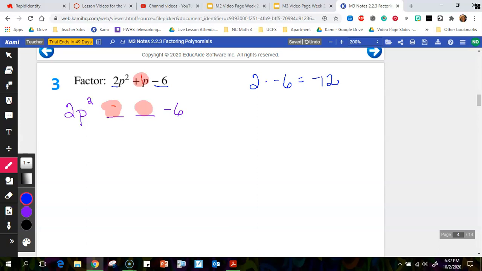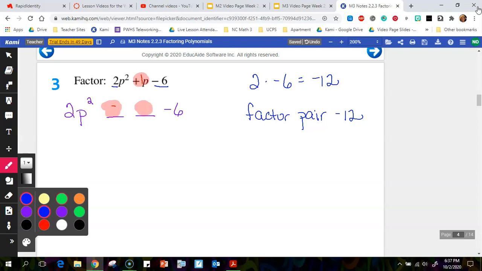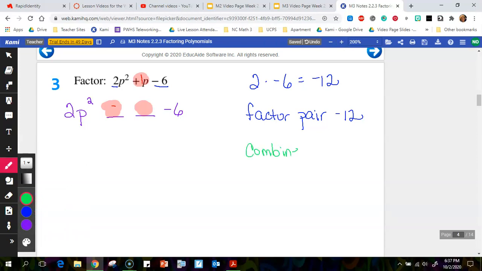So same steps we would use for the a equals 1 quadratic. So we have the factor pair. I mean, we've multiplied these together and we got negative 12. So I need a factor pair for negative 12 that when I combine, I get this 1 right here in the middle.